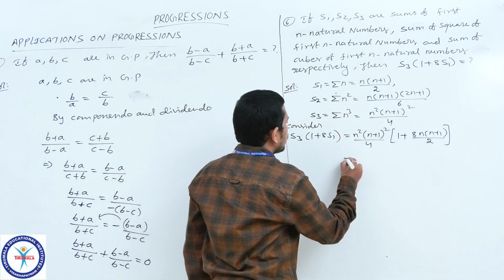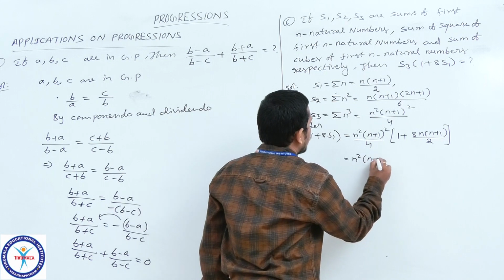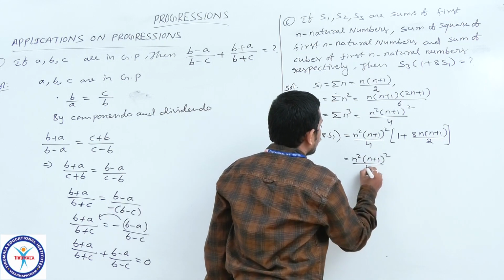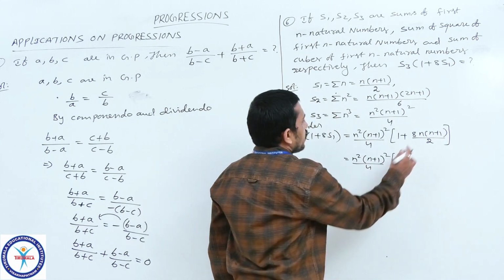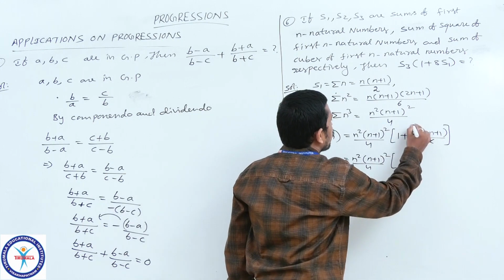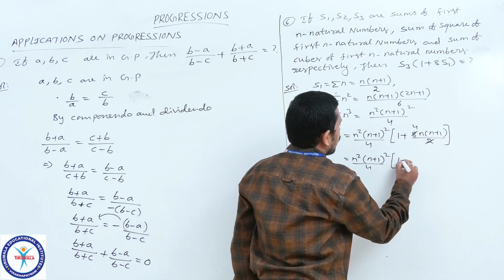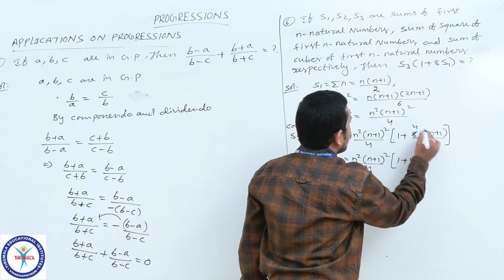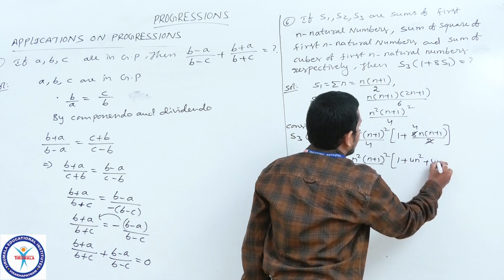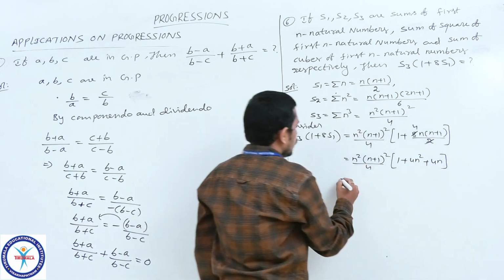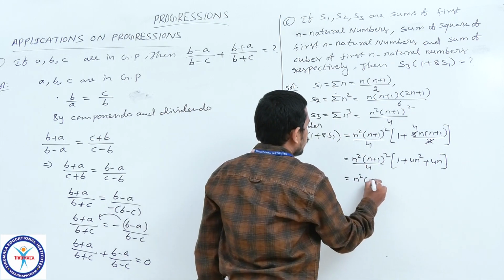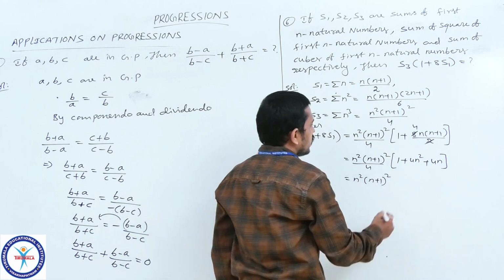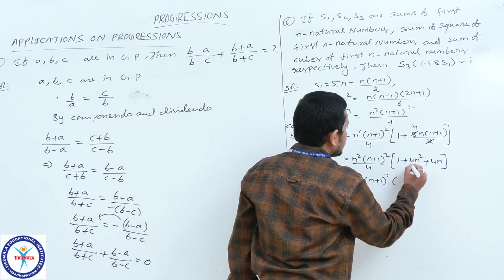So here this is equal to n square into (n plus 1) whole square by 4 into, by taking the 2 to cancel 4 times, 1 plus 4n into n, 4n square plus 4n into 1, 4n.